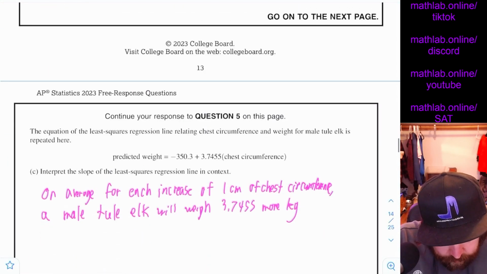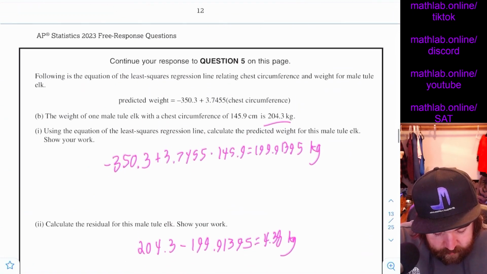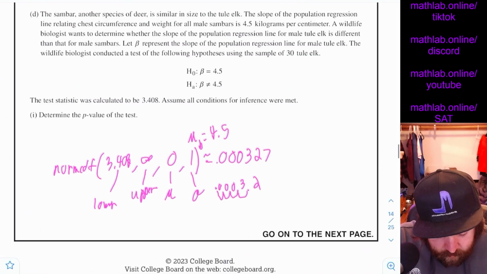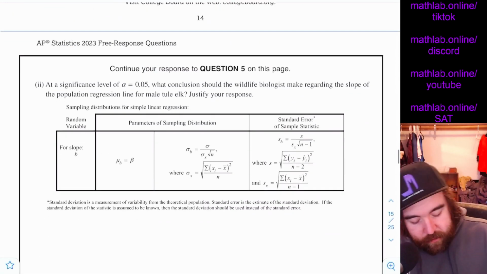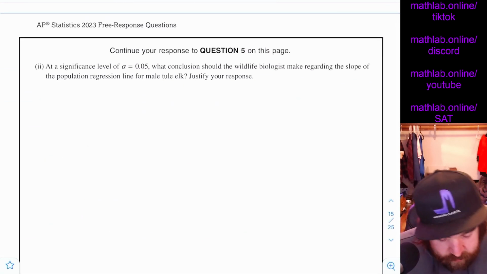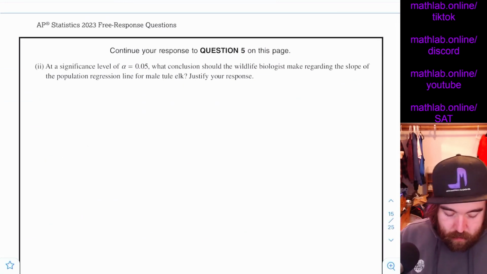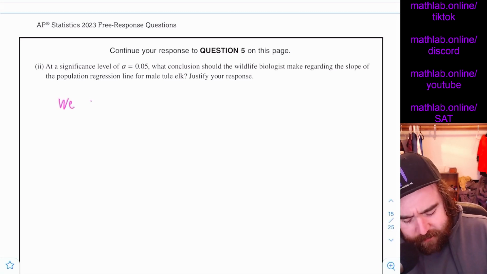I mean, that slope was 4.5. This slope was 3.7. And what was the sample size? Well, 30, I suppose. At a significance level of 0.05, what conclusion should we draw? I feel like I'm doing one of these wrong. So I'm surprised we're rejecting on both.